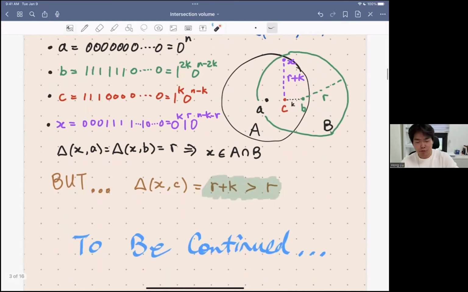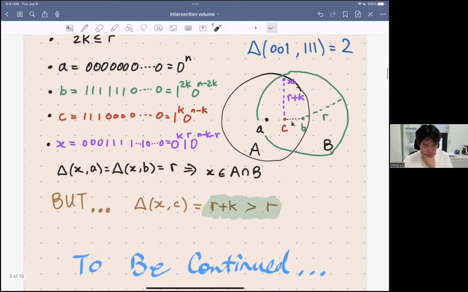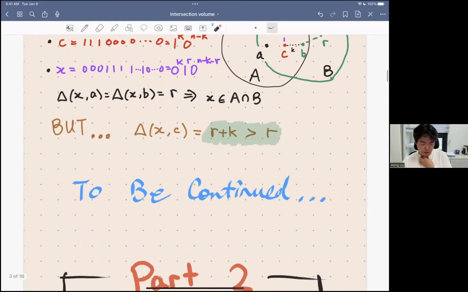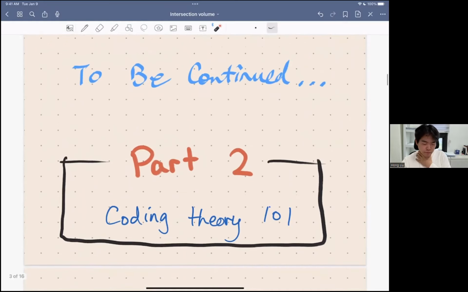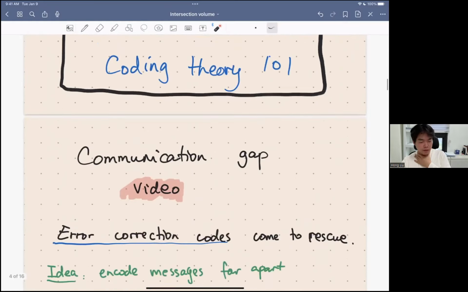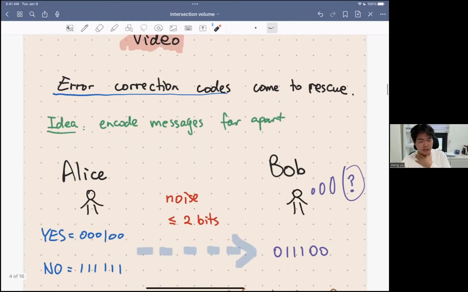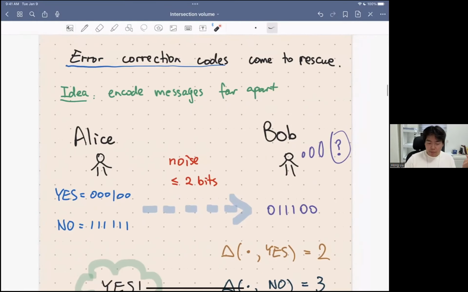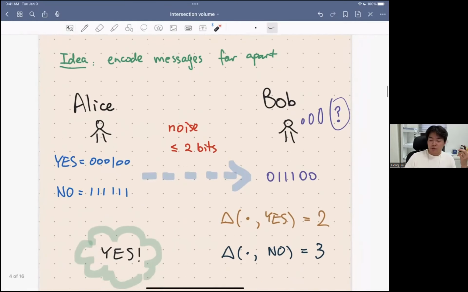So let's leave this problem aside and come to the second part, some basic coding theory. This is a small example to illustrate. Basically, we want to send messages, and sometimes we have noise, and we want to encode the messages by binary strings.